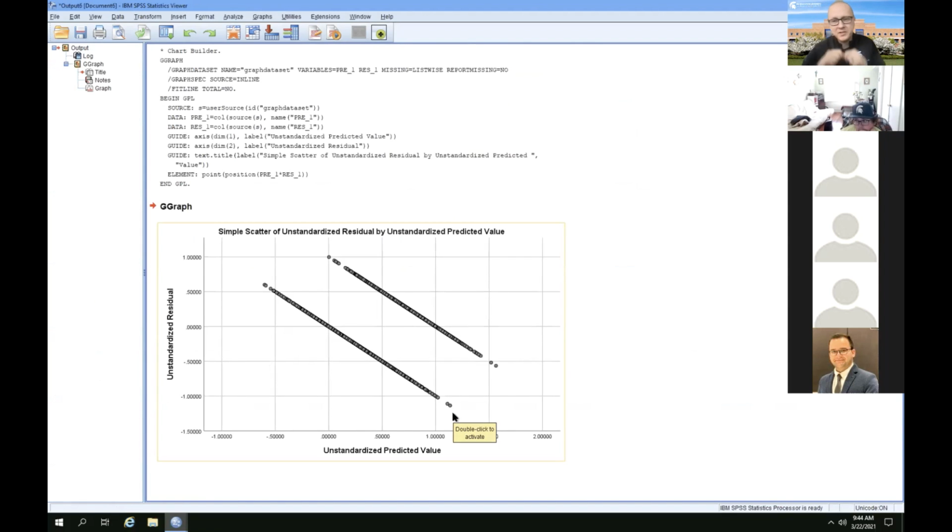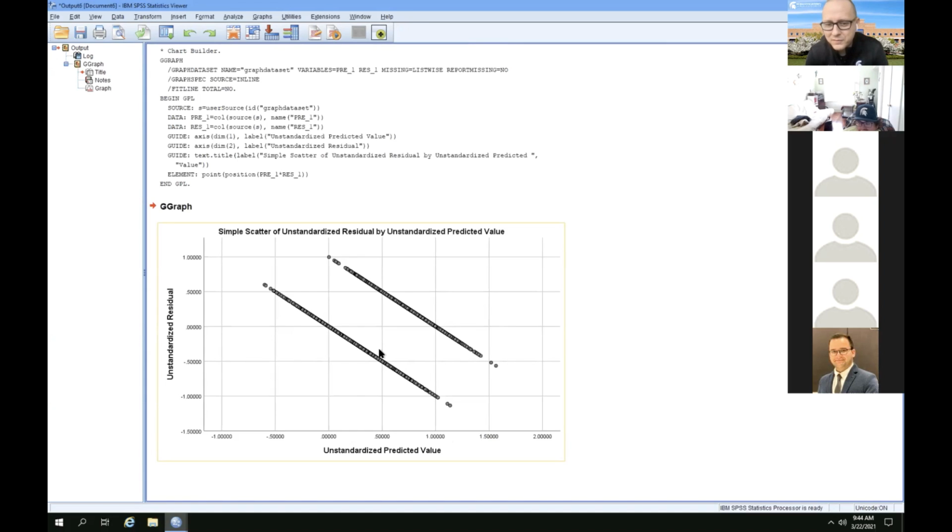What we would hope to see is basically a shotgun blast, with points randomly scattered. When we're looking at these residual plots, we're looking at two different things. We're looking at whether there's any sort of trend or correlation, and whether the variances are equal.